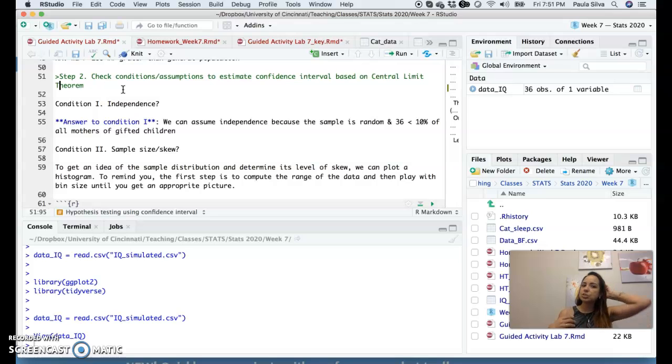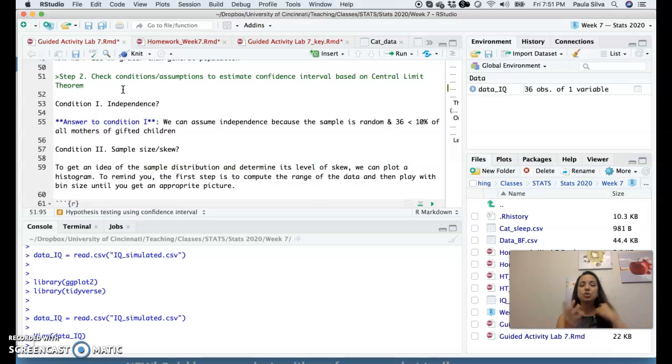We cannot measure that directly, but there are some things we can look for in order to ascertain our chances of having independent observations in our data set. And the answer here is that we can assume independence for 2 reasons. The sample is random, and 36 is less than 10% of all mothers of gifted children in the population.